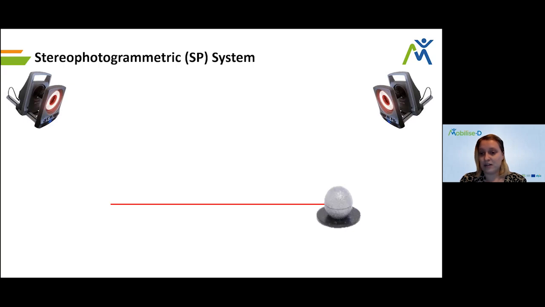These are well used within human movement research and are gold standard when we're considering the spatial parameters of walking or movement as well, to the point where manufacturers determine that in ideal situations, you're able to get sub-millimeter accuracy with these systems.